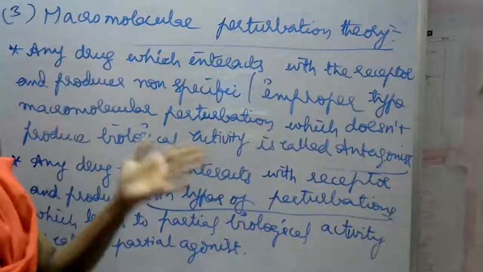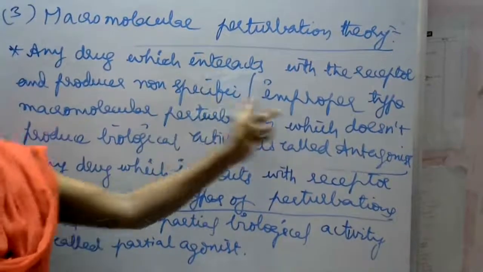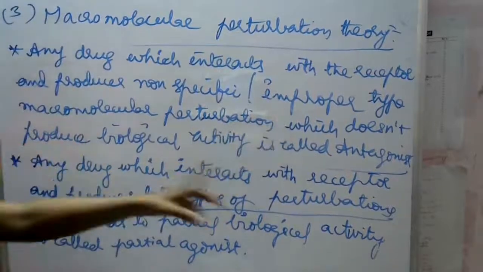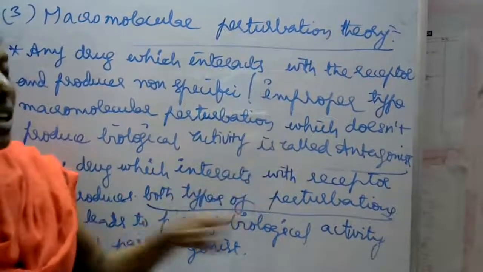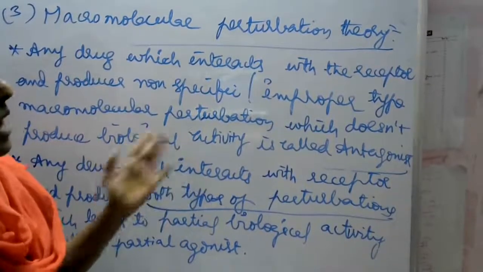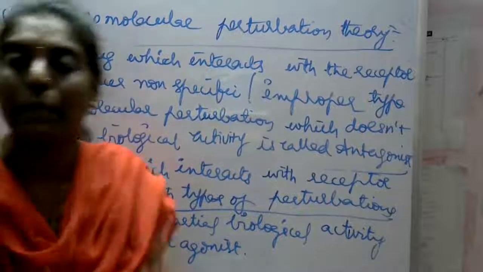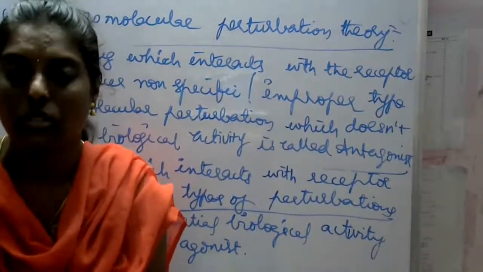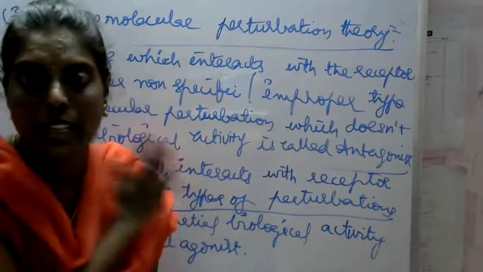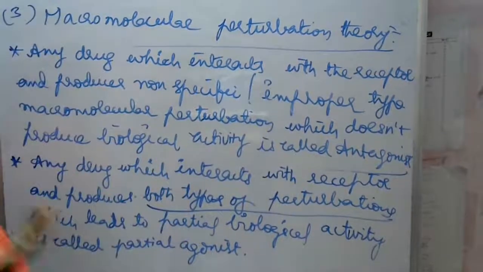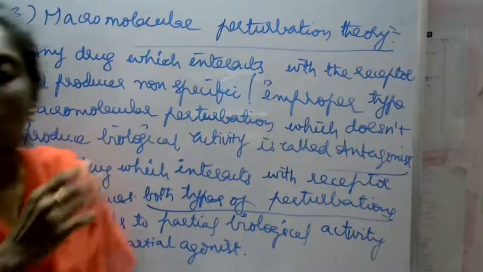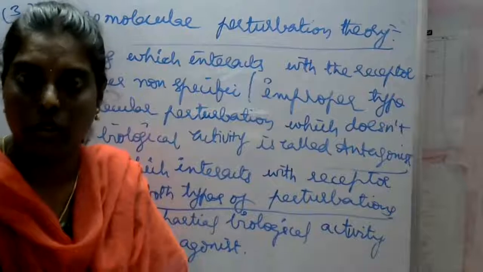Any drug which interacts with the receptor and produces non-specific or improper type of macromolecular perturbation, which doesn't produce any biological activity, is called an antagonist. Means simply we have to stop the biological activity, so for that we use an antagonist. For example, cimetidine, an anti-ulcer drug which blocks the production of HCl.